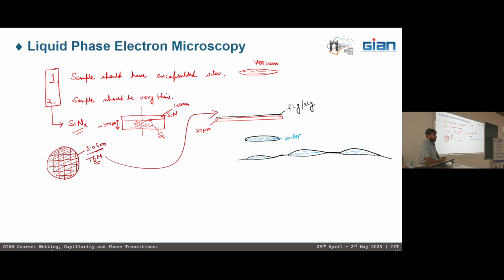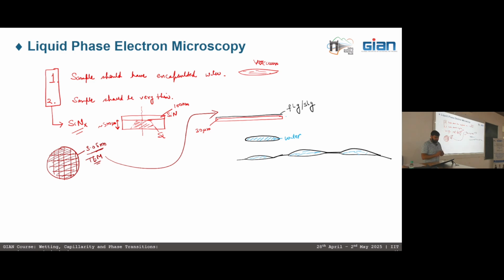Then the next process should be to remove the copper, because we have to remove copper from here. Only then can this be transferred to this grid. To remove copper, we can use any etchant, any solution which dissolves copper, and ammonium persulfate is such a solution. So we dip these TEM grids in the solution of ammonium persulfate, and once it turns blue, it means that all the copper has been dissolved.